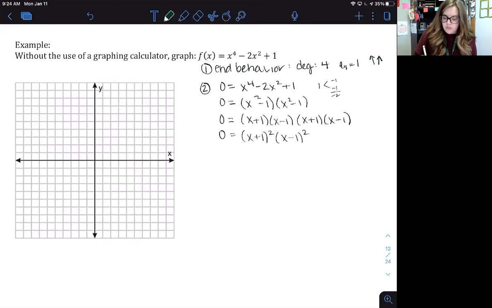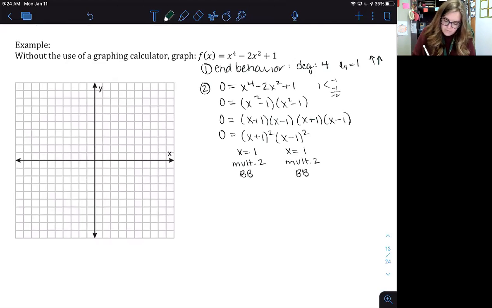So now we have our two zeros of x equals -1 and x equals +1. Both of them have a multiplicity of 2 because they're both to the second power, which means they're both going to touch and bounce back. So I'm just going to write BB for both of those.